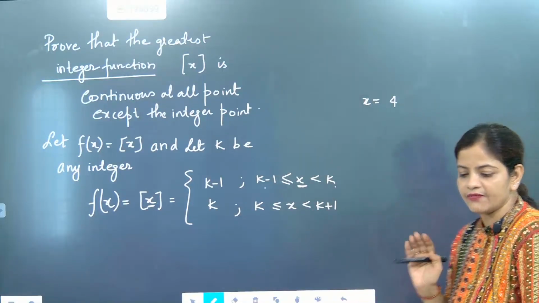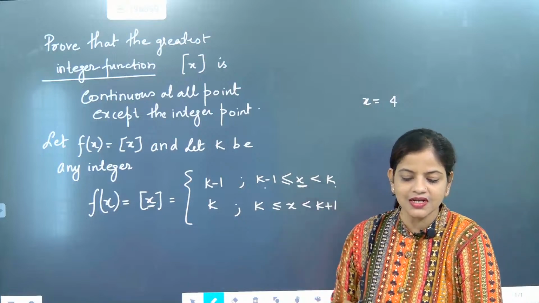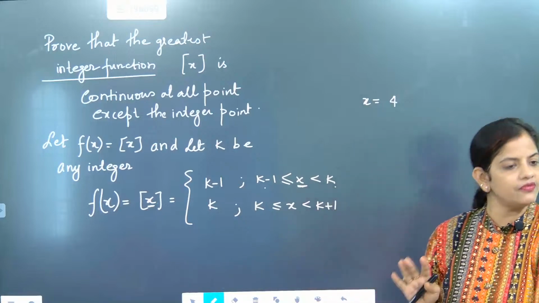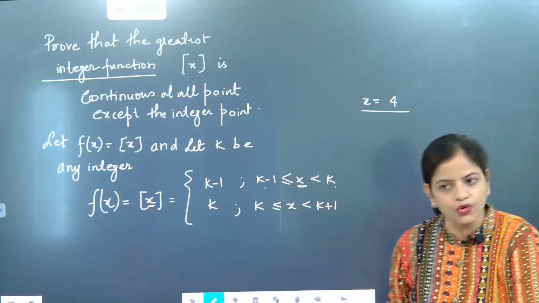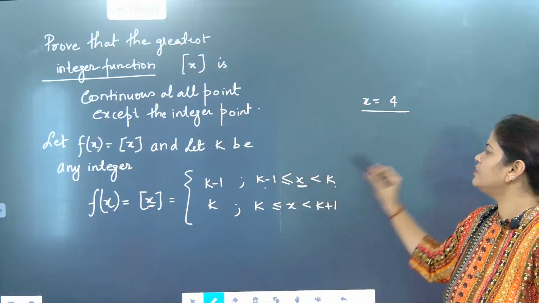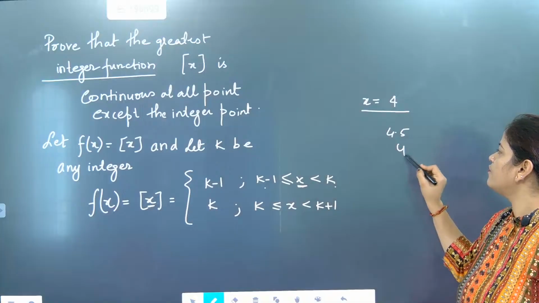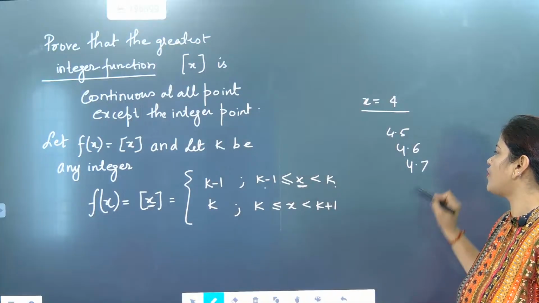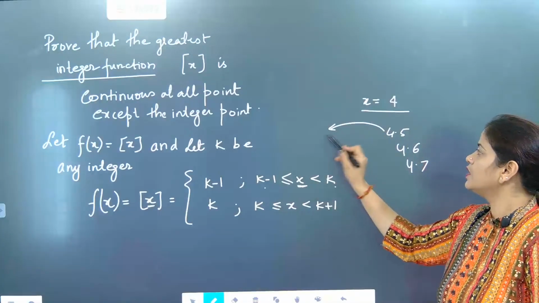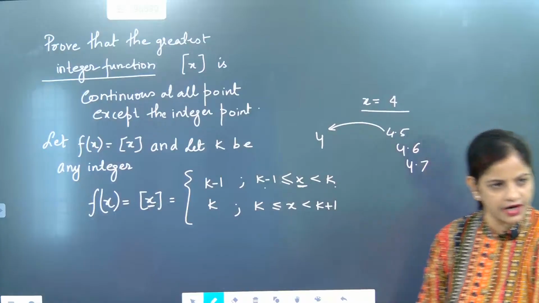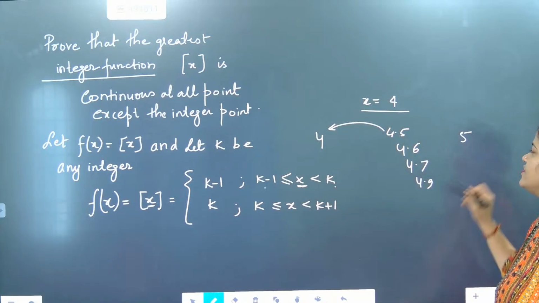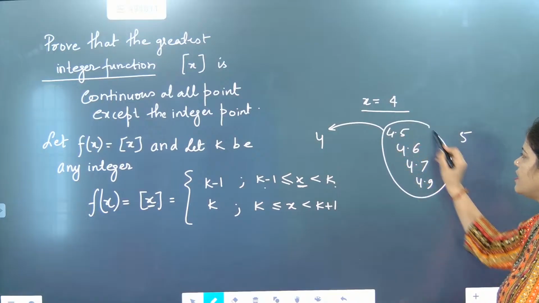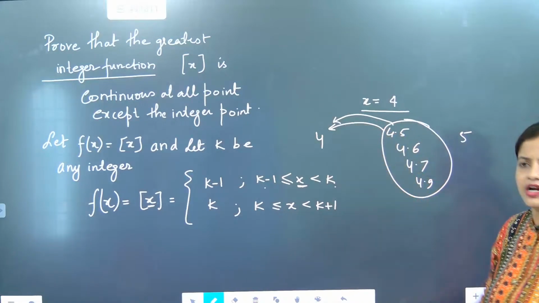For understanding, I am first telling you, because once you understand this, everything will come very easy for you. Okay, now look here. If you take x as 4, any value, 4.5, 4.6, 4.7, you will go towards 4. Understood? And till 4.9. So here 4 and 5 are there. Whatever in-between numbers you take, you always go towards 4.